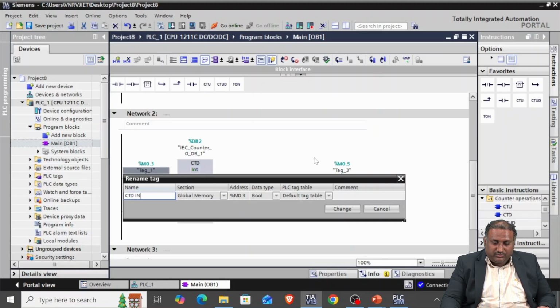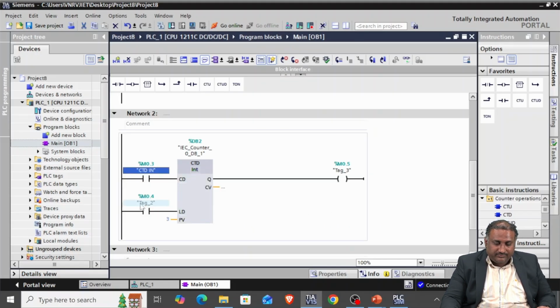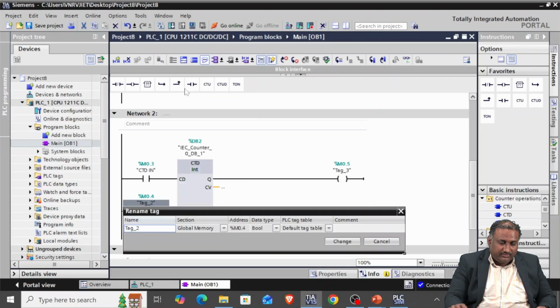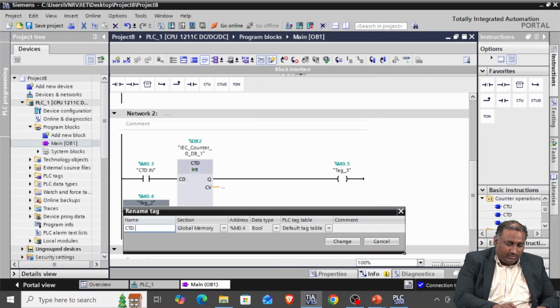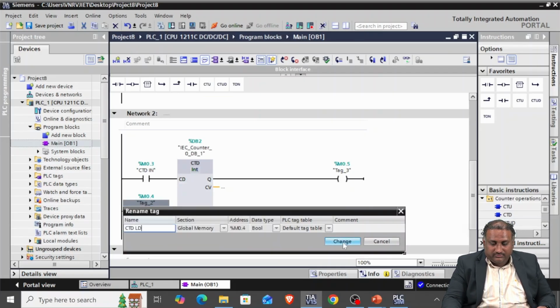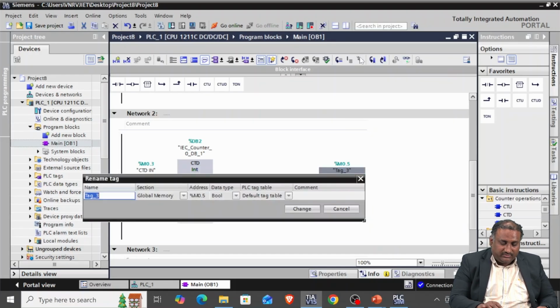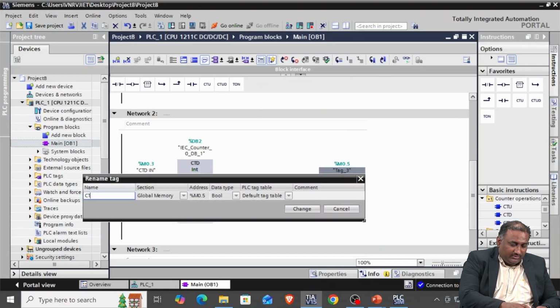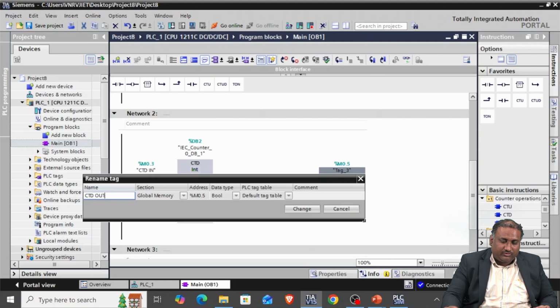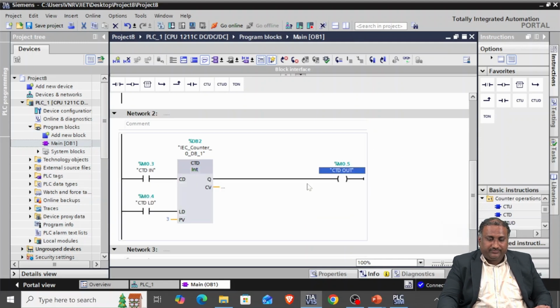Down counter input, down counter load, and down counter output.